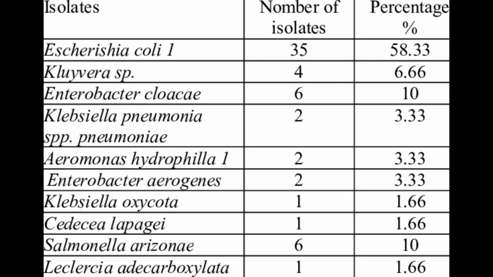Motile is a hazy medium, with growth spreading into the medium. Non-motile is a clear medium, with growth only in the stab line and top of the medium. H2S production is blackening of the medium, and indole production is a red ring after addition of reagent, which could be Kovacs or Ehrlich's.